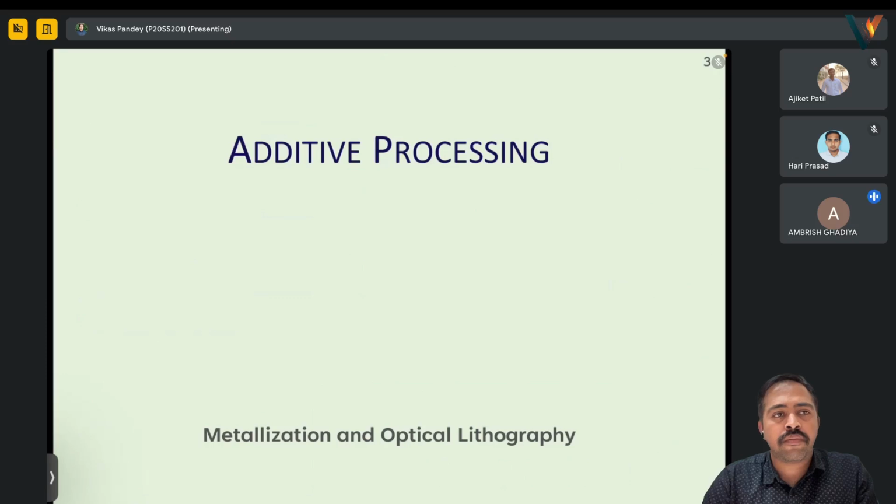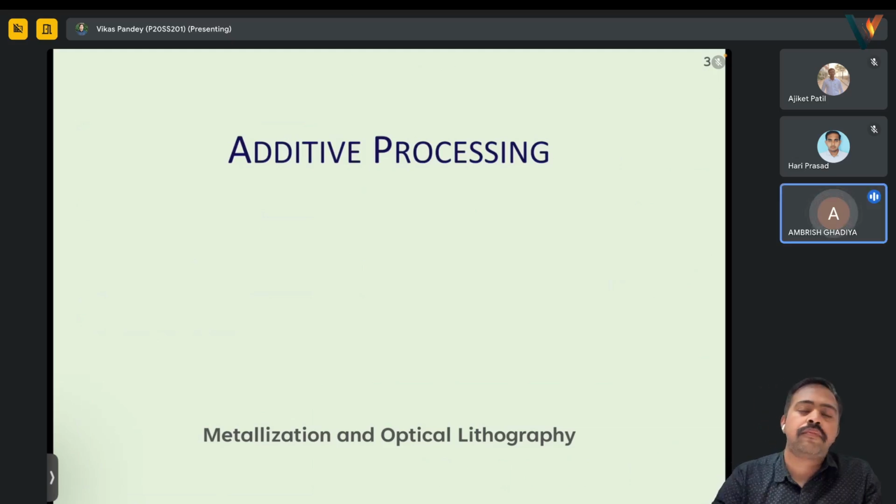I have one question related to last week's assignment. Okay, just a minute, I will read out the question. How does the mean free path affect the directionality of metal atoms during evaporation?